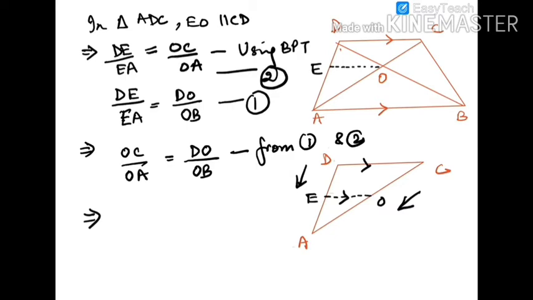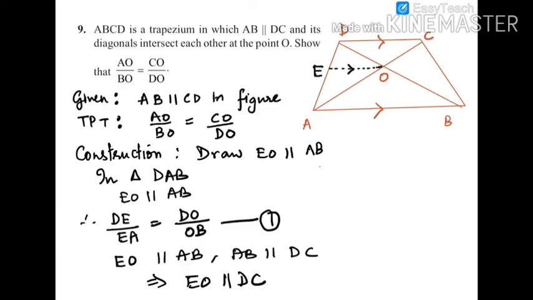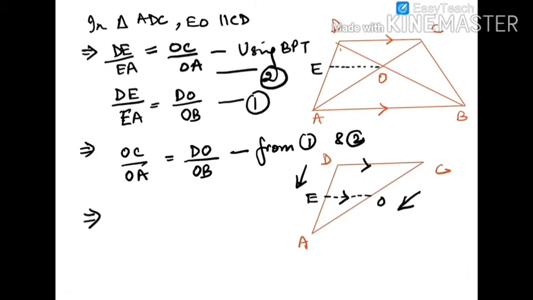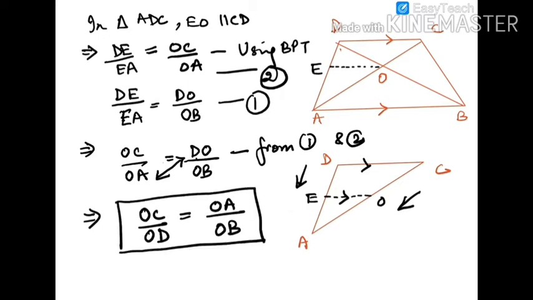But we have to prove in question that AO upon BO is equal to CO upon DO. So what we can do is we can interchange the positions of DO and OA in this equation. So OC upon OD will be equal to OA upon OB. And then we can arrive at the answer.